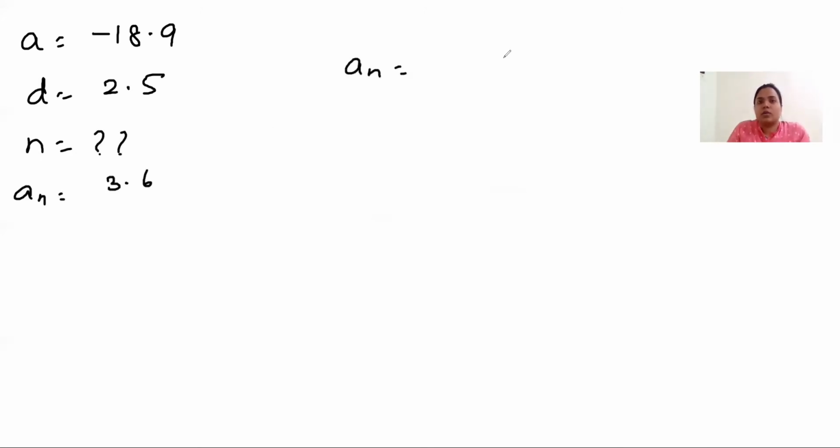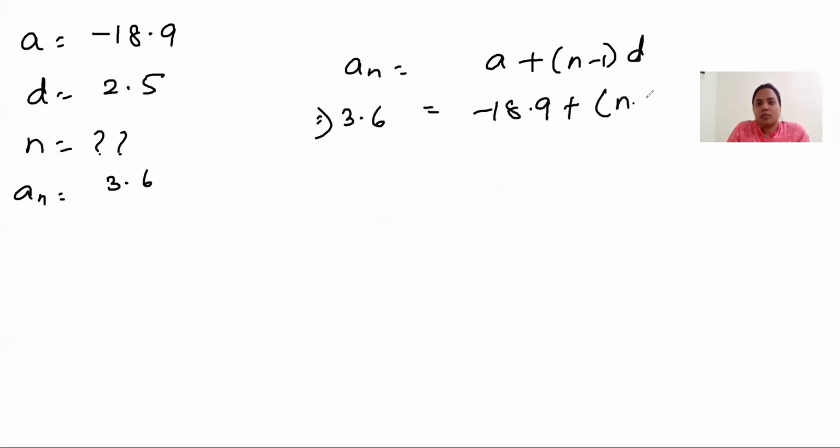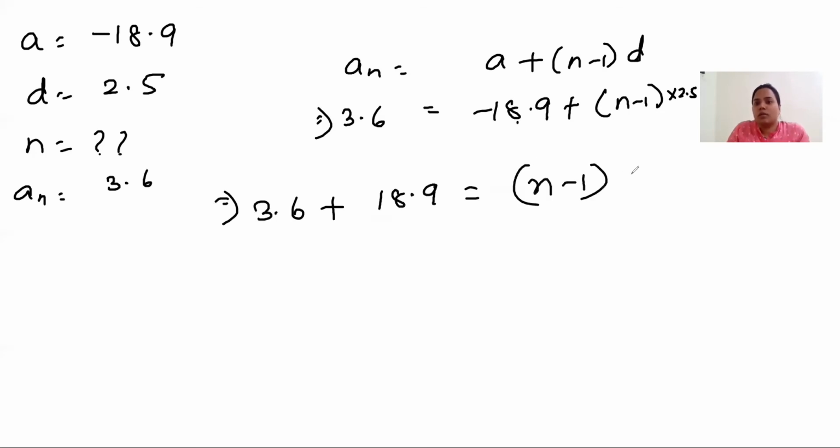So an is equal to a plus n minus 1 d. This will be equal to 3.6 is equal to minus 18.9 plus n minus 1 into 2.5. I can bring this 18.9 this side. This will become 3.6 plus 18.9 is equal to n minus 1 multiplied by 2.5. This will be equal to 22.5.